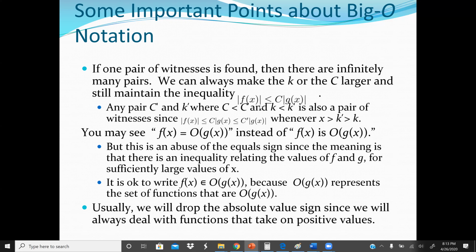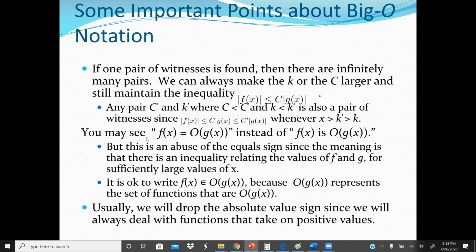So we have f(x) less than C g(x). So any pair C prime with k prime where C is less than C prime and k is less than k prime is also a pair of witnesses. Since, again, f(x) is less than or equal to C g(x), and also is less than or equal to C prime g(x). And so this will be whenever x is greater than k prime and also greater than k.